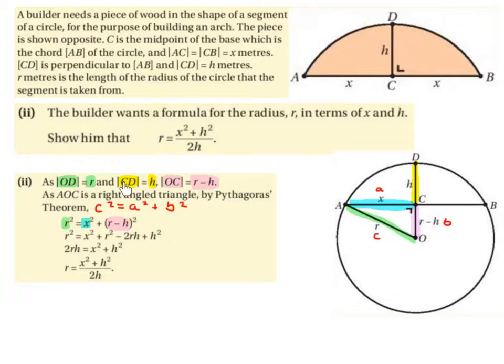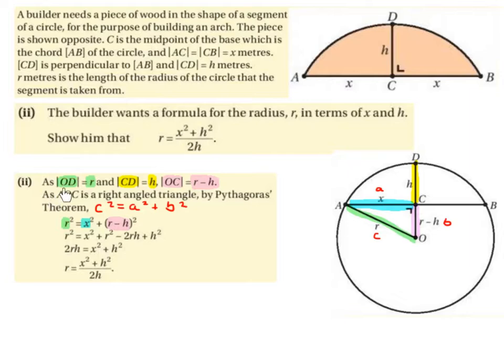And CD is equal to h in yellow. And OC, therefore, is going to be r minus h. So if all of this is r, and this is h, then this leftover bit must be r minus h. So this pink line here, OC, is r minus h.